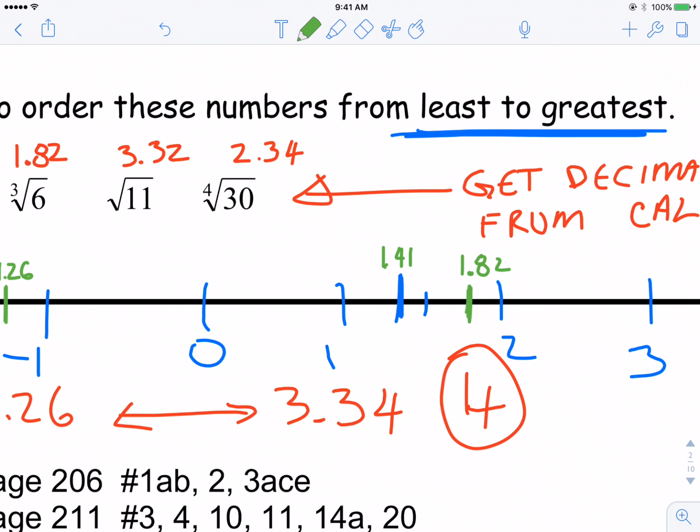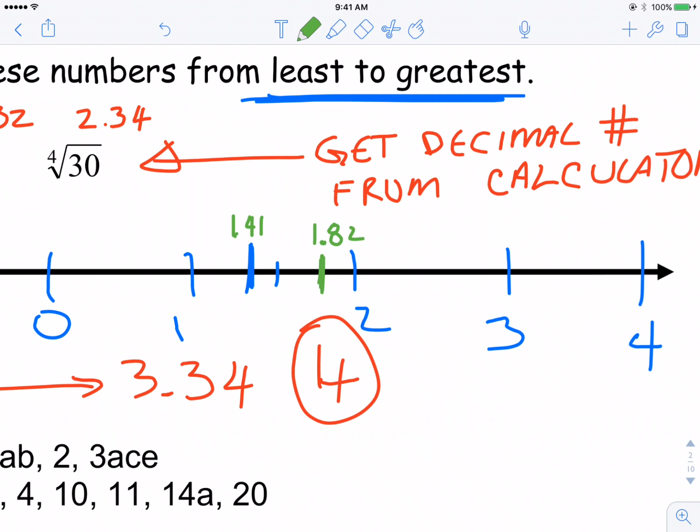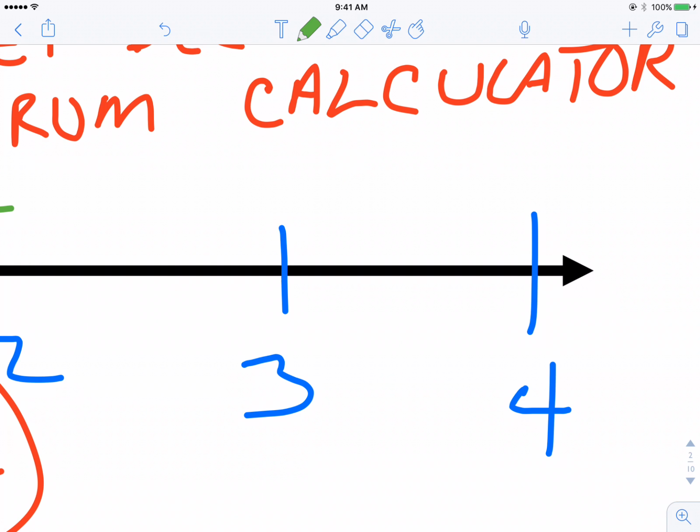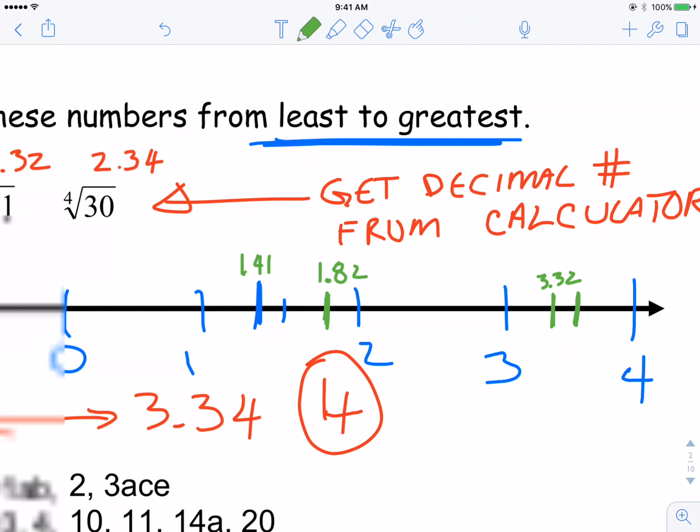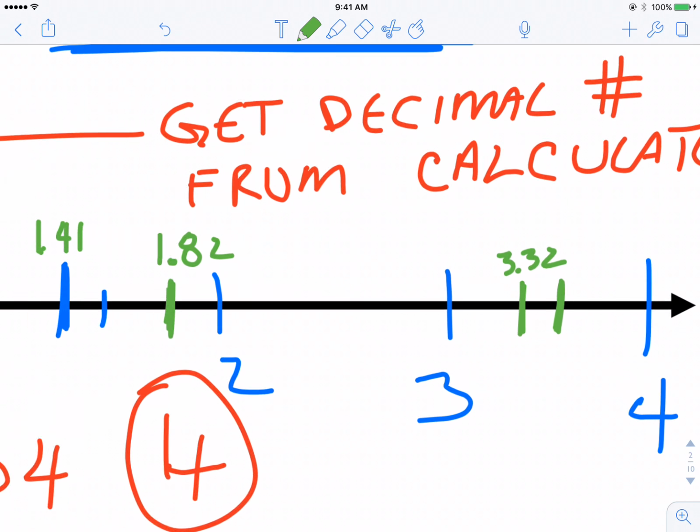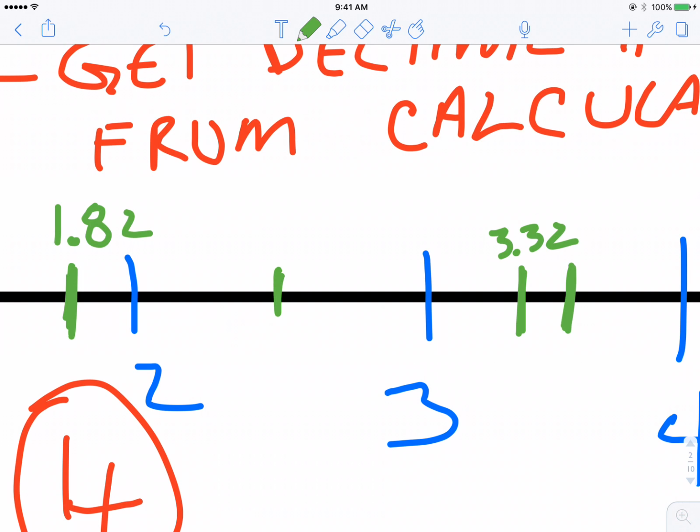The square root of 11 is 3.32, and here's 3.5, 3.25, so 3.32 is right in here somewhere. And the fourth root of 30 is 2.34, which is a little bit smaller than half, so right in here somewhere.